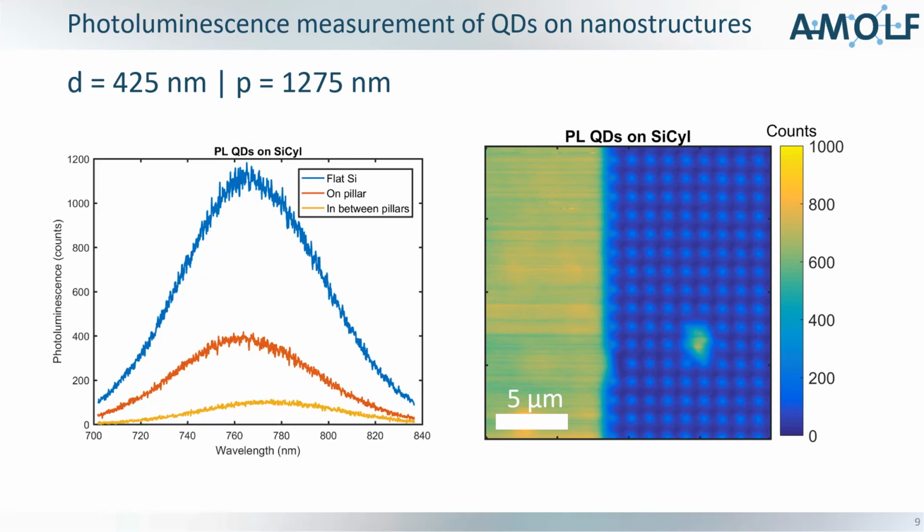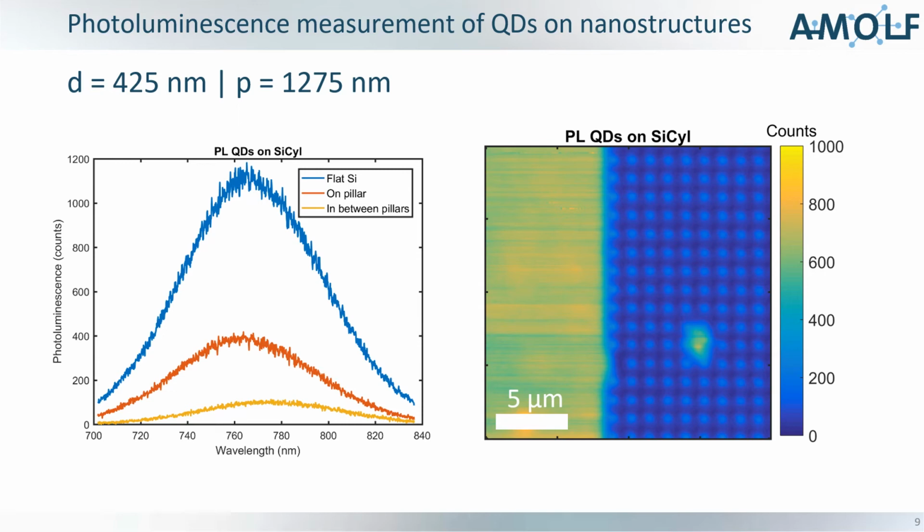If we then look at the spectra of different positions, we find the blue curve, which corresponds to the flat silicon, which is quite high, and we see that the wavelength is a little bit lower than that 825 nanometer wavelength we used in the simulations. We look at the signal with the quantum dots on the cylinders, which has the same spectrum, the red one, but it is much lower than on the silicon.